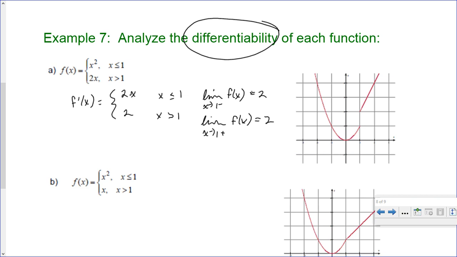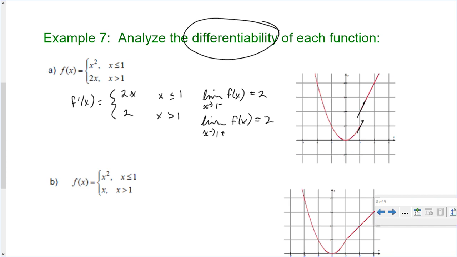So these derivatives exist and they have the same slope of my tangent here, right?